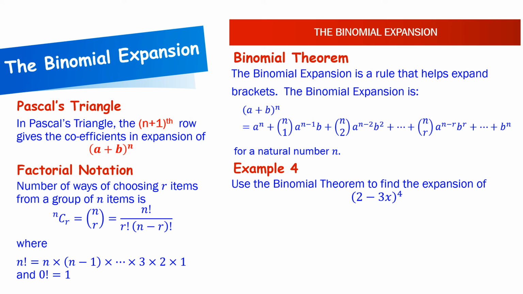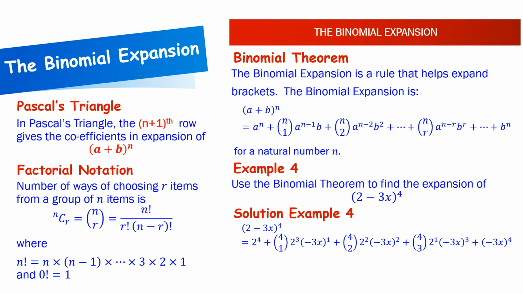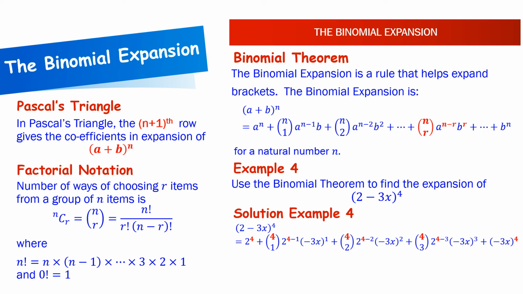Use the binomial theorem to find the expansion of 2 minus 3x all raised to the power 4. Let's plug in the various values. Here's a equals 2 and b equals minus 3x. N equals 4 and r equals 1, 2, and 3 as shown.